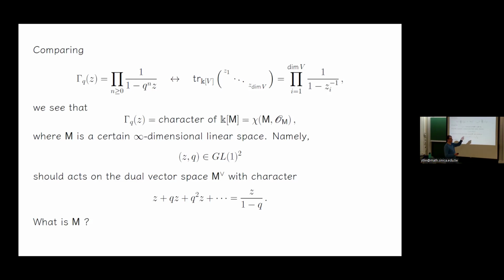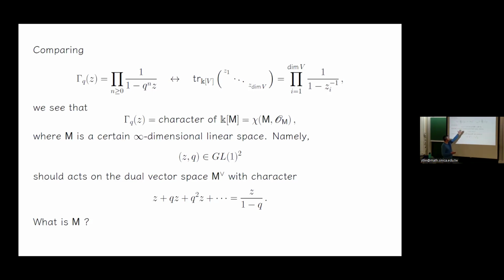Q and Z are not related in any way. Each of them is an element in GL1, so each of them is an invertible number. And these two copies of GL1 have to act on an infinite dimensional space, so that the character of this action, maybe I wrote the character on the dual space, is Z, Q squared Z, and so forth.